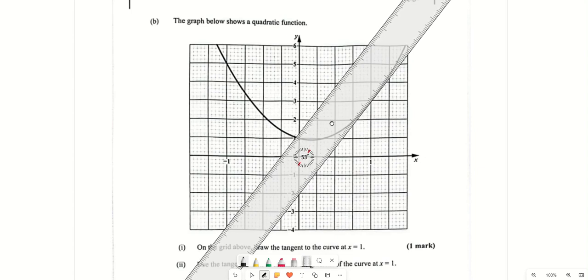Alright, let's say right here. x is equal to 0 is right here.